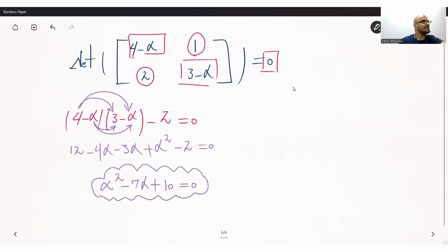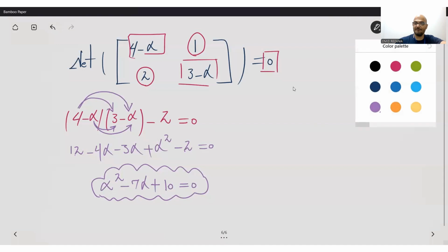Quadratic equation. Yes? What is a quadratic equation? I'm just going to write it here.